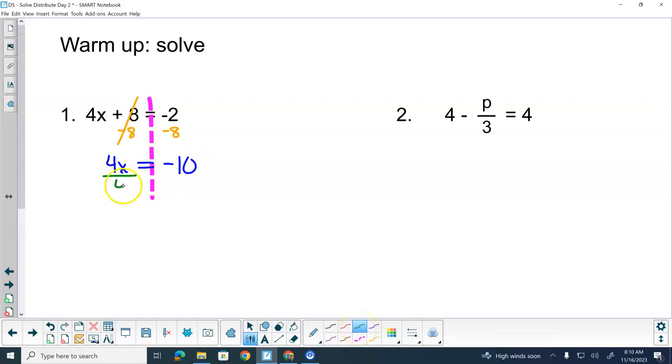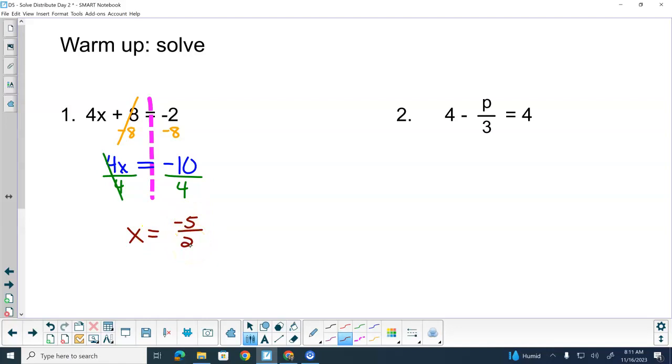Divide both sides by 4, because then that crosses out that. Ooh, I got a fraction, right? Because 4 doesn't go into 10. Okay, so can that fraction be reduced? Yeah, divide both by 2. So then that's going to leave me with x equals negative 5 halves.